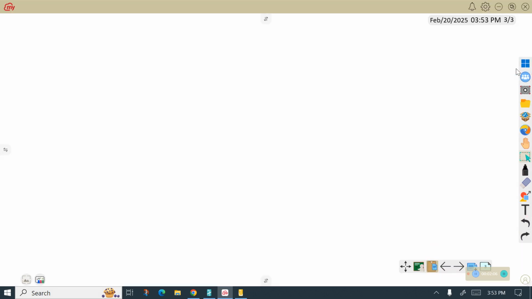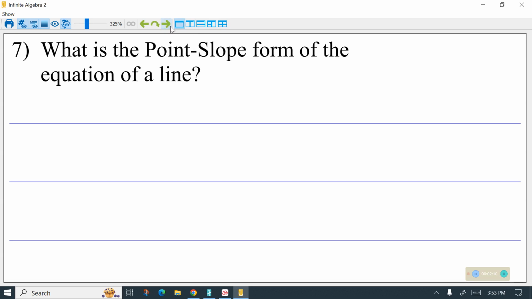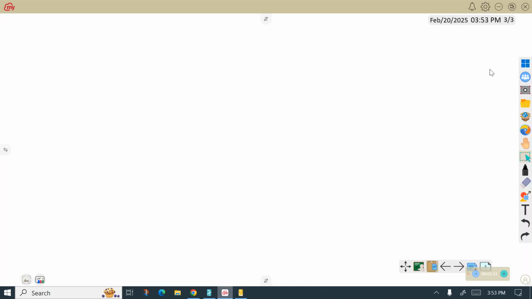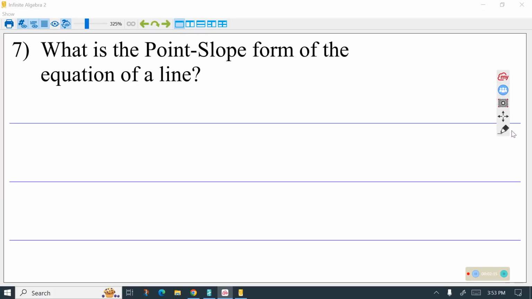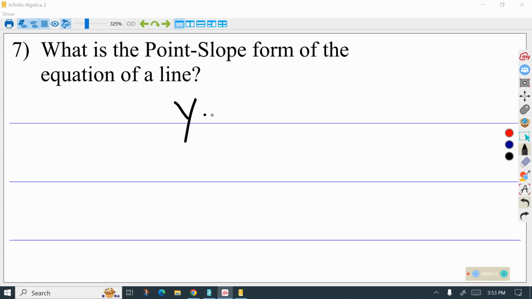Over here, we've got number 7. Number 7 is point-slope form, the equation of a line. The point-slope form is one that we've had on the board for a while now, and I want to make sure that you guys can see that. In this one, we have to know the coordinates of a point, and that's where we get the x1 and y1.